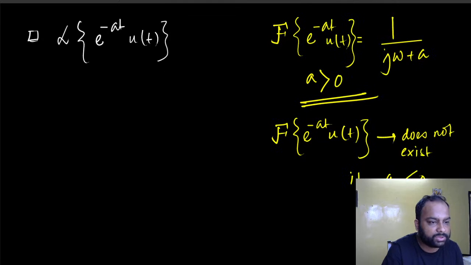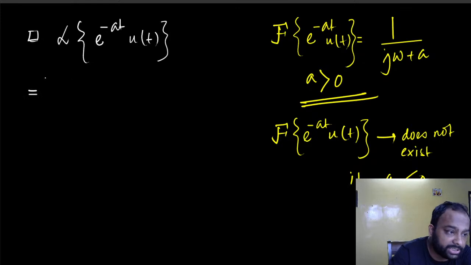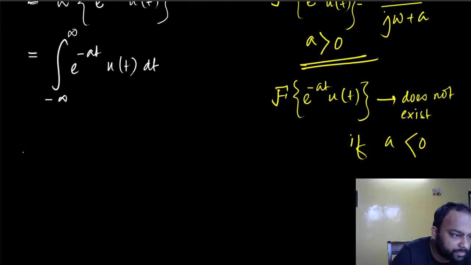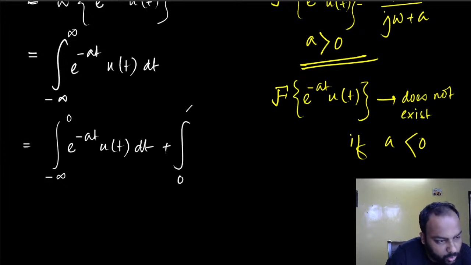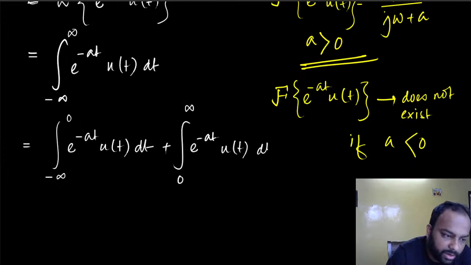All right, so let's use the definition here once again. Minus infinity to infinity, e to the power minus at ut dt. Let's split these limits. From minus infinity to 0, I have e to the power minus at ut dt, plus 0 to infinity, e to the power minus at ut dt.